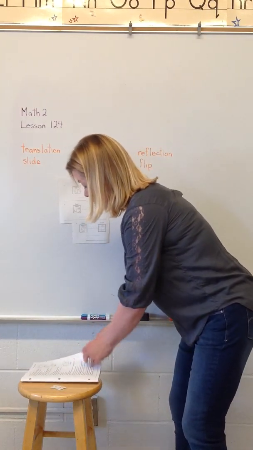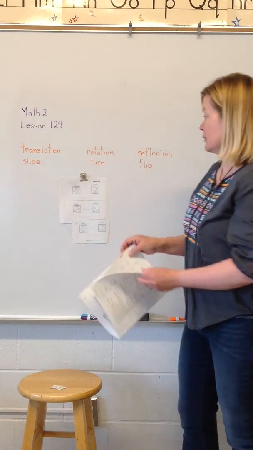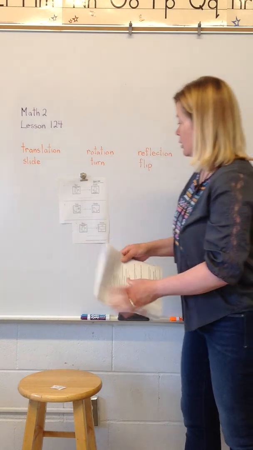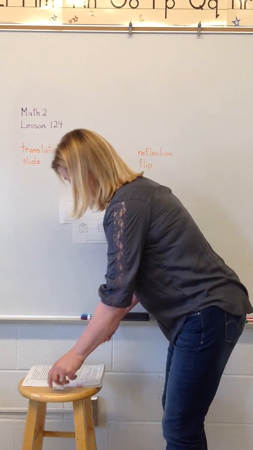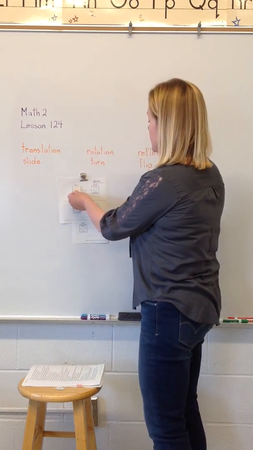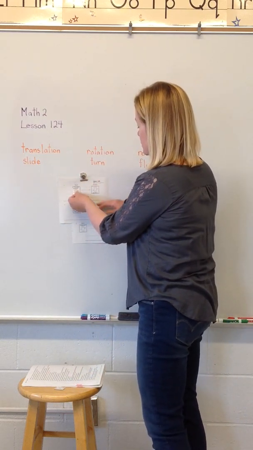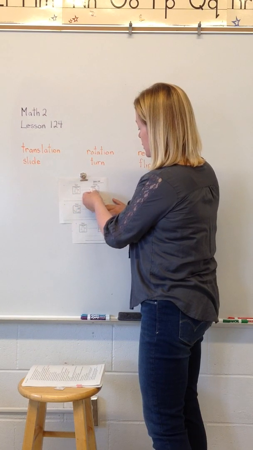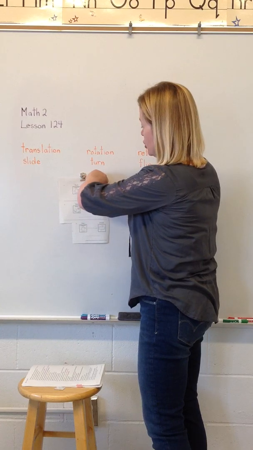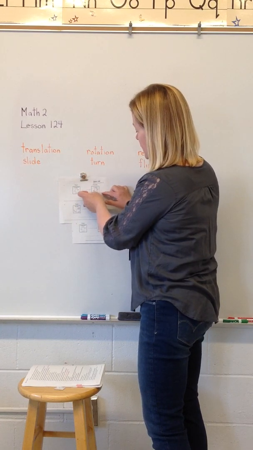What did he do? Well, I would say that first he was here. He did a slide to get over here, but he also did a turn to end up upside down.